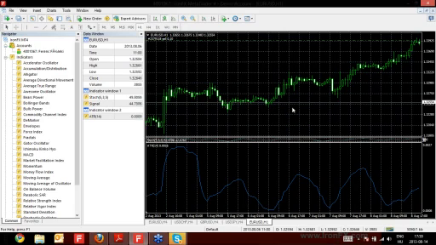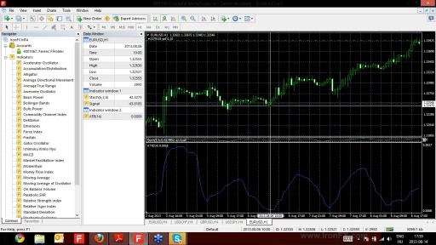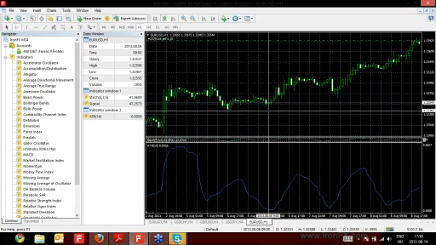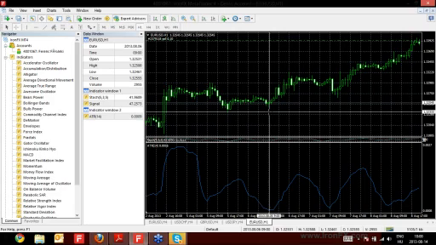So according to the strategy that I have told you about, if you're using it in conjunction with the ADX, then let's say we should use a multiplier of 2 or 3.